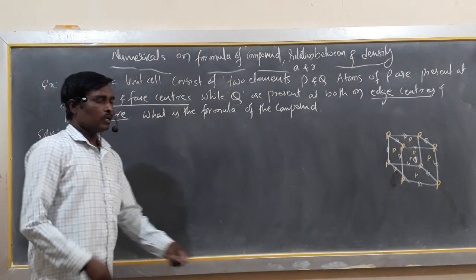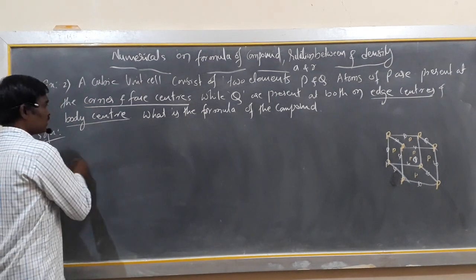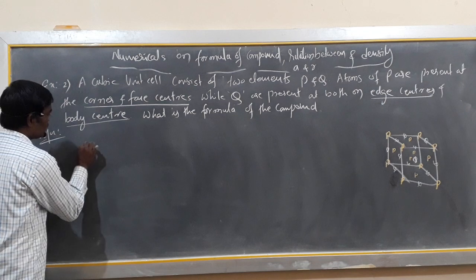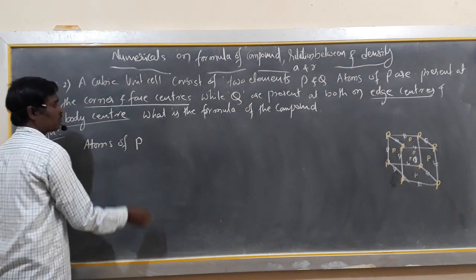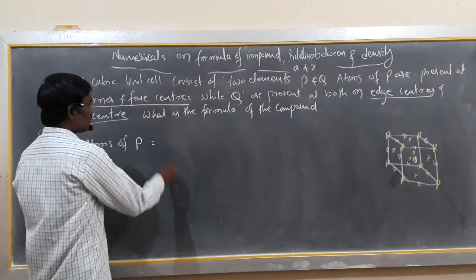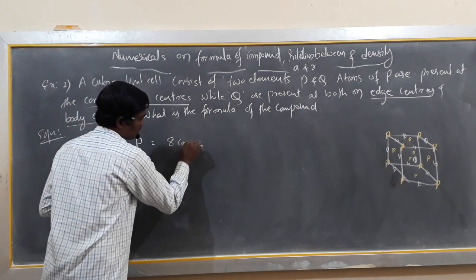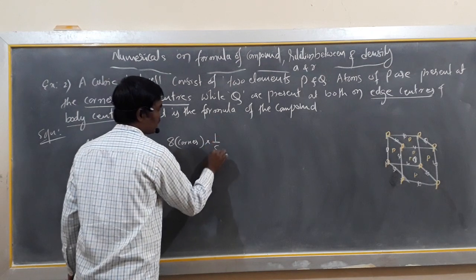And here, students, let me calculate the formula of that compound. First, let me write the total number of P atoms present in that unit cell. Atoms of P: there are 8 corner P particles, and the contribution of each corner particle is 1 by 8.